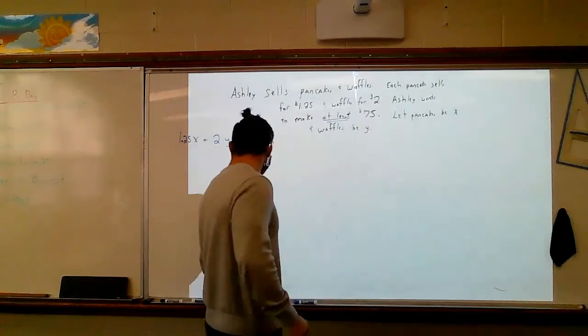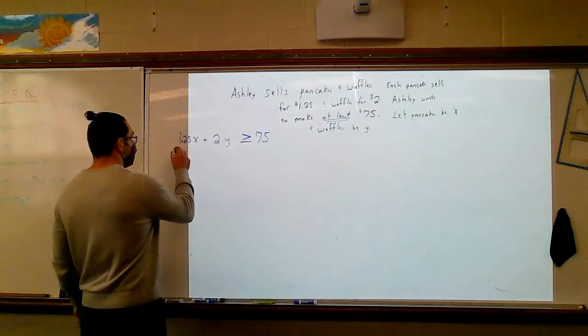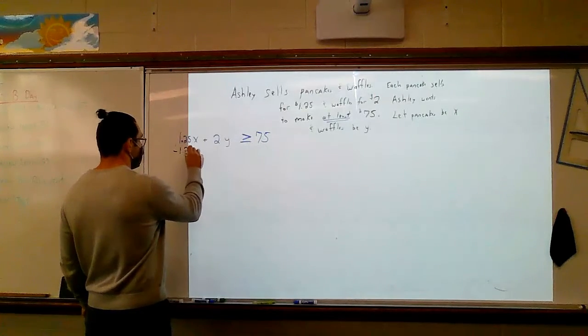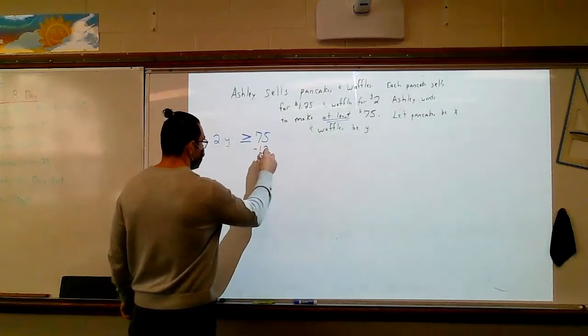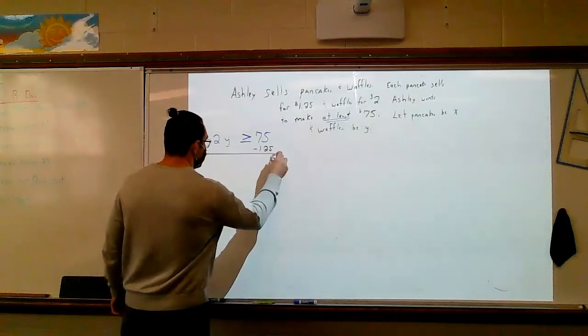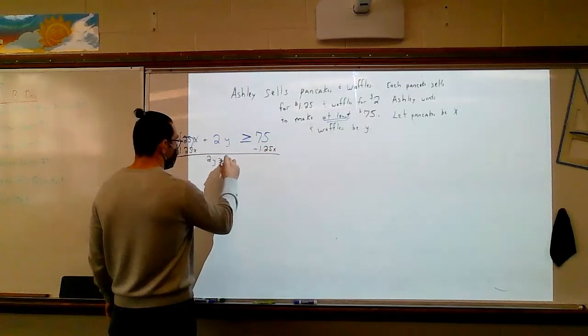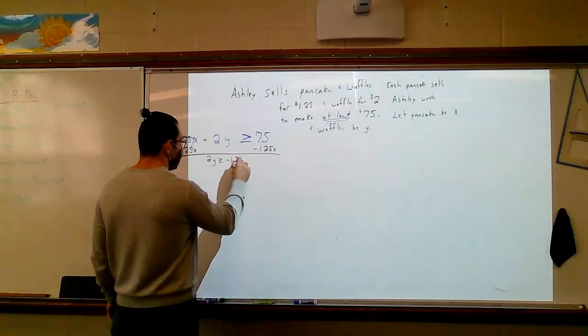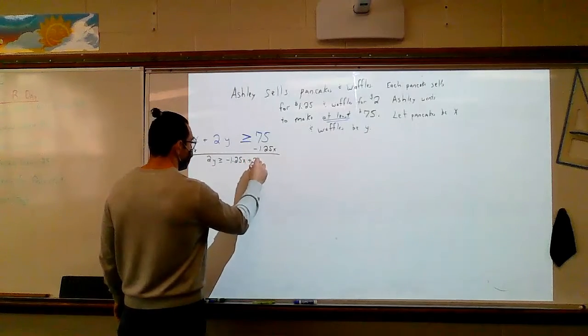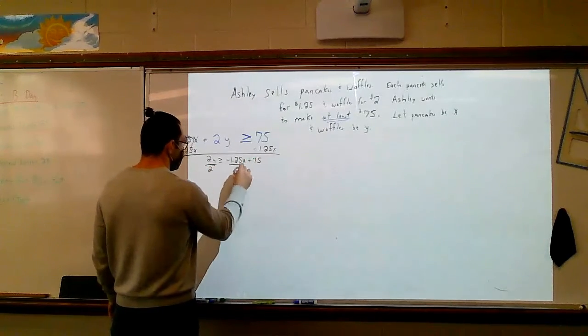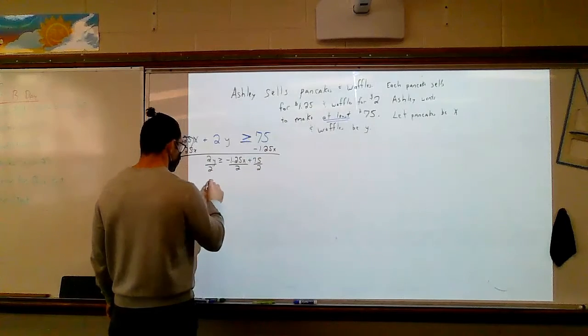While you're working, slope-intercept form: I subtract 1.25x from both sides. That leaves me 2y is greater than or equal to negative 1.25x plus 75. I divide each individual thing by 2.